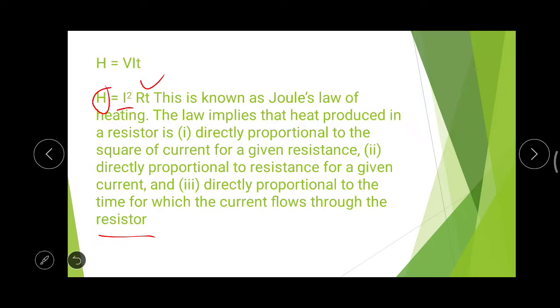Okay. And if the current value is fixed, then it will be directly proportional to the resistance, and also directly proportional to the time duration for which the current is passing through the conductor. So these are the major points that you have to study and remember regarding the heating effect of the current.